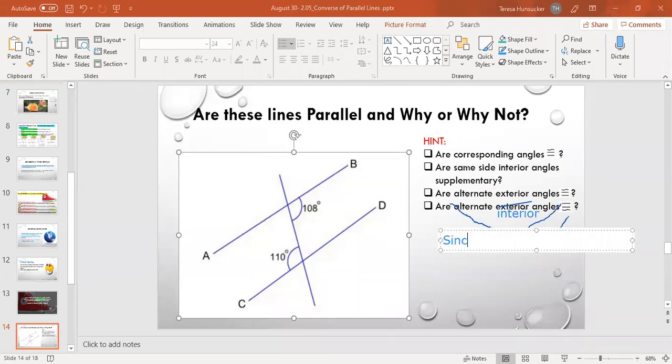So since alternate interior angles are not congruent, then the lines are not parallel.